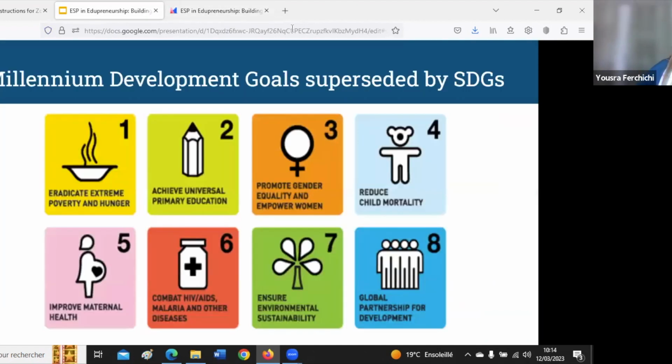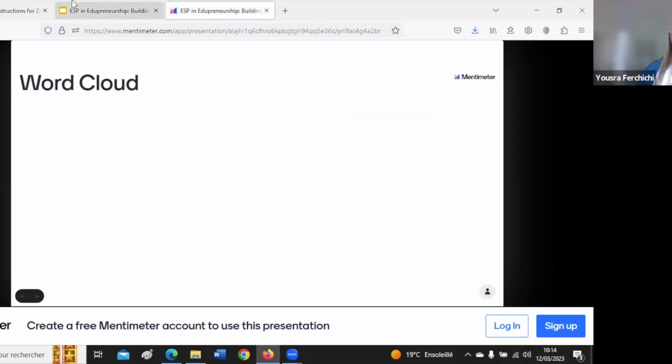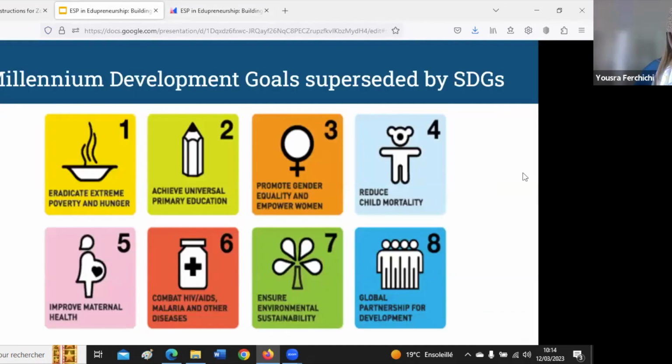Okay. So most of all, as I said at the beginning of the presentation, people are talking about SDGs a lot, but we forgot to mention that we should talk about the Millennium Development Goals first and foremost.